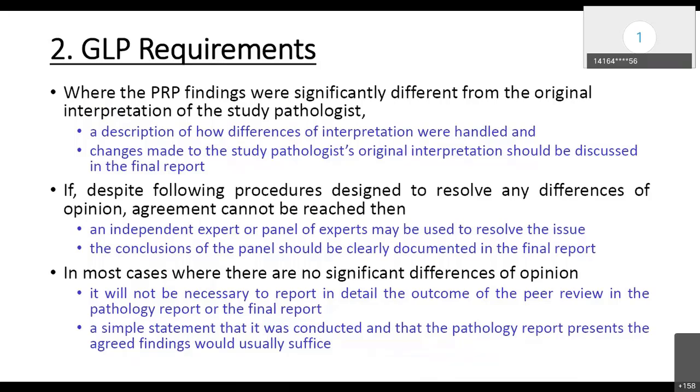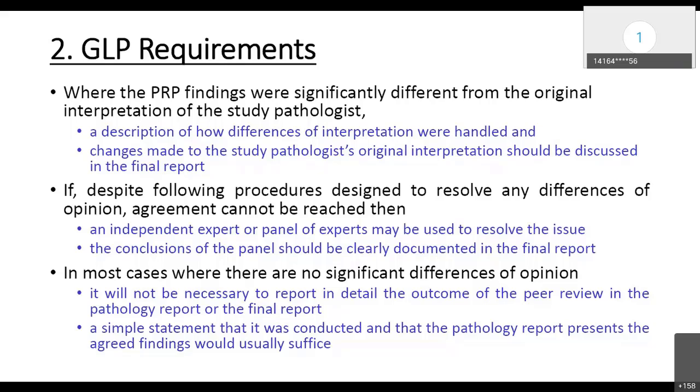In cases where the peer review pathologist's findings are significantly different from the original pathologist's findings, it also needs to be documented how the differences of interpretation were handled, and changes made to the study pathologist's original interpretation should also be described in the final report.